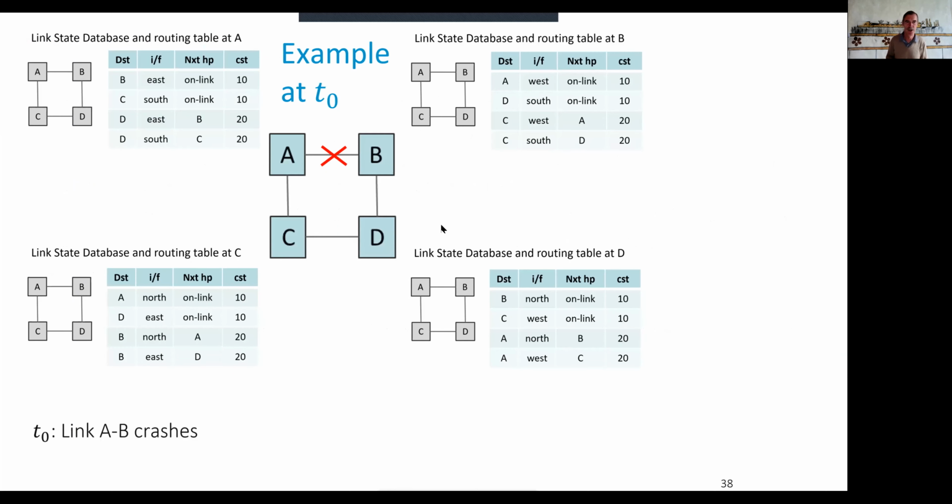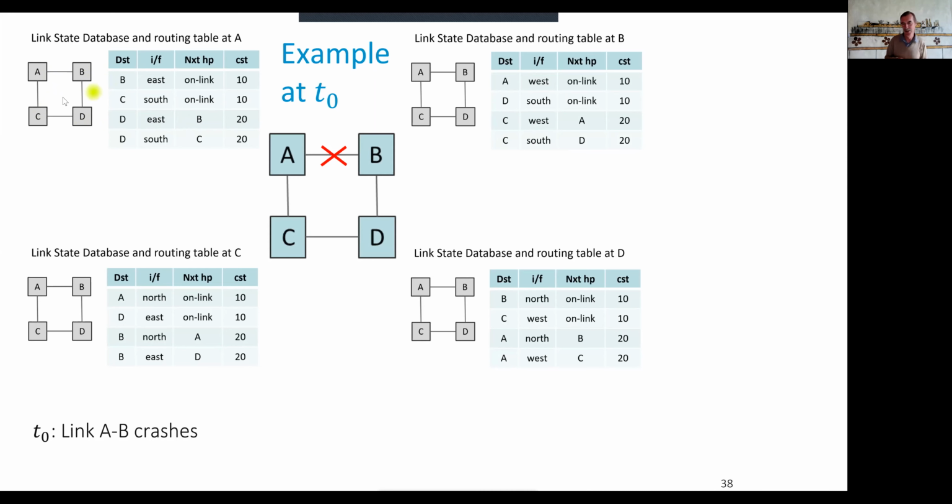Let's see an example here. This is a small network with only 4 nodes, and this is the state of the network after things have converged, after Dijkstra has been run and everything has stabilized. We have a simple ring, and if we look at node A, for example, node A has a topology database, which is illustrated by this graph.